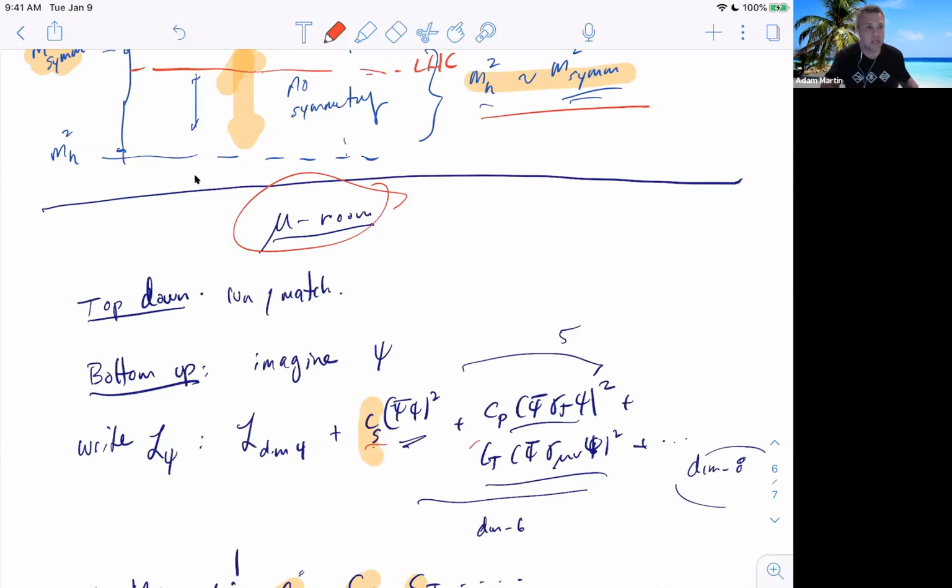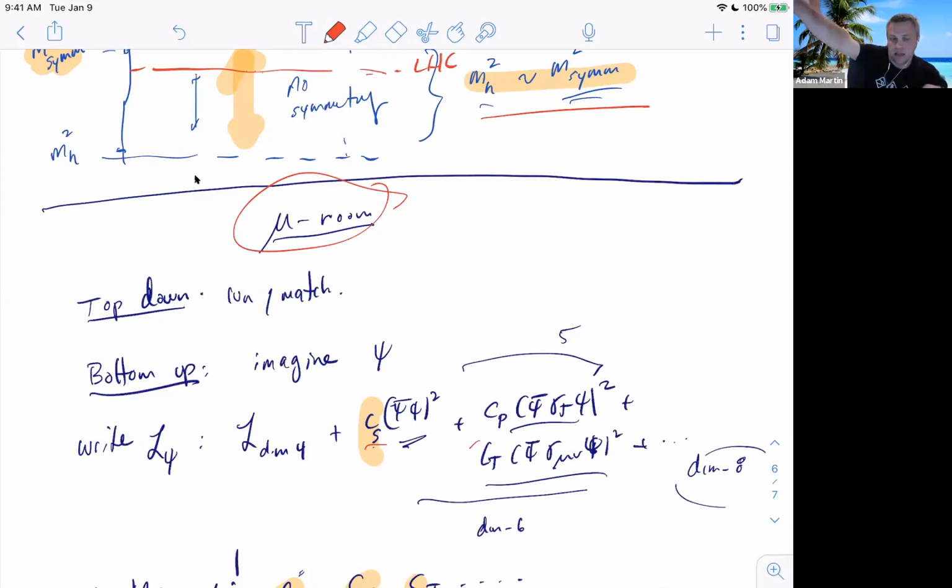Great questions. One last question. Is doing loop calculations in this bottom-up fashion useful? Yes, absolutely. And that will become clear when we are doing the SMEFT. Short answer is that I'm going to measure some combinations of these C's at one energy. I'm going to measure other combinations at a different energy.